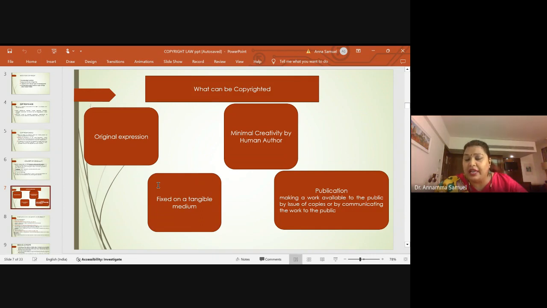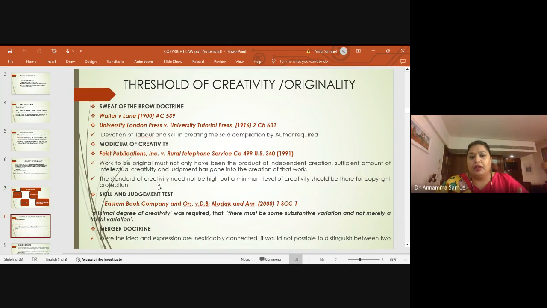Yes, it is original expression. There is creativity which is being invested by the author. Yes, it is being published so that it is available to the public to make copies or communicate the work to the public, under any licensing agreement or assignment. But if it is not fixed in a tangible medium, then it will be disputable.